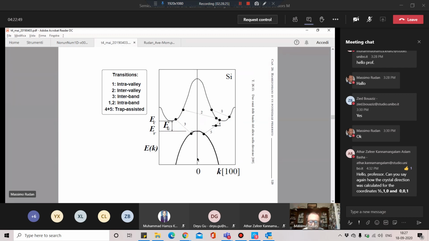This structure repeats periodically with respect to K. So this is a much more complicated and of course non-quadratic relation that we find when we calculate the relation between energy and average momentum using quantum mechanics.